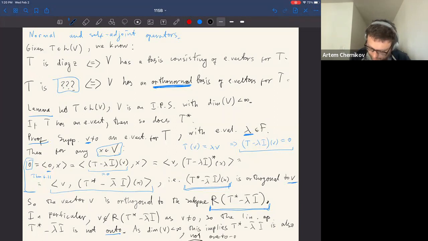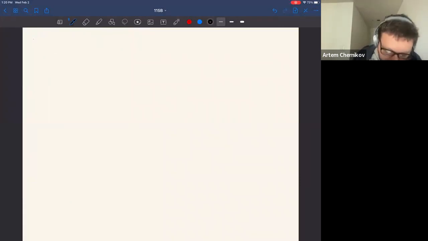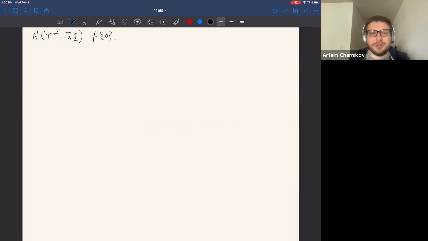Remember, for a linear operator on a finite dimensional vector space, these two conditions are equivalent, being onto or being one-to-one. So what does it mean that it's not one-to-one? It means that the null space is non-trivial. Moving to the next page, the null space of T star minus lambda bar I is not equal to 0. We have some non-zero vector in the null space.